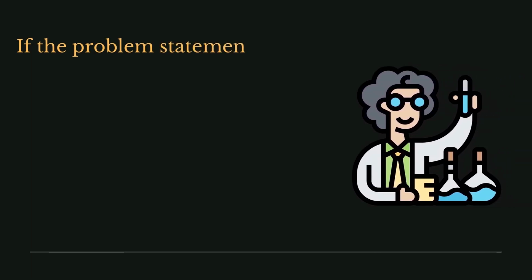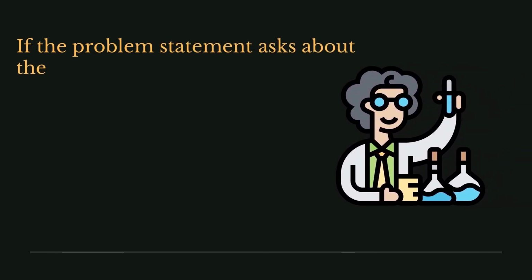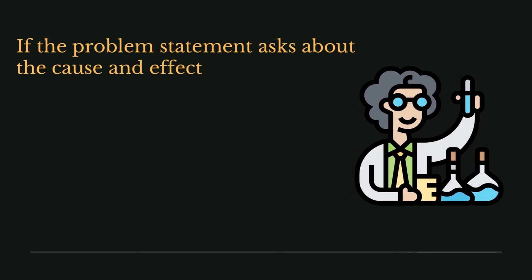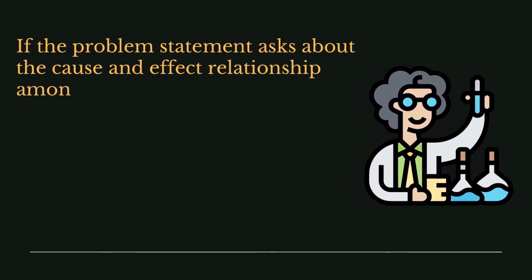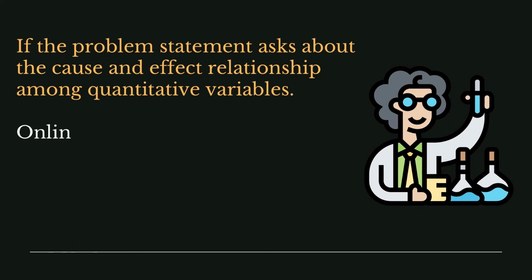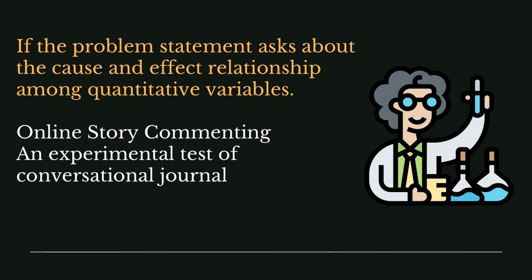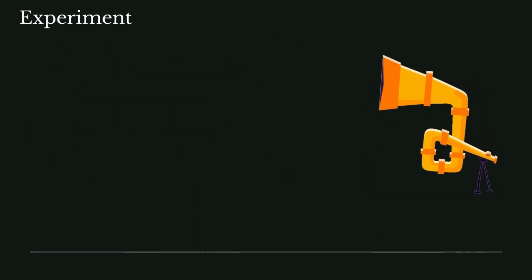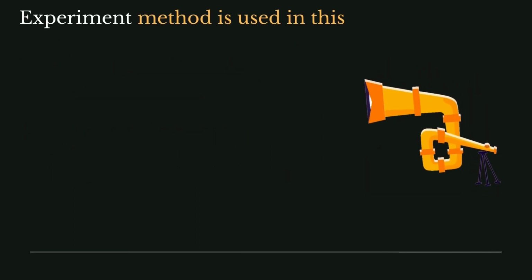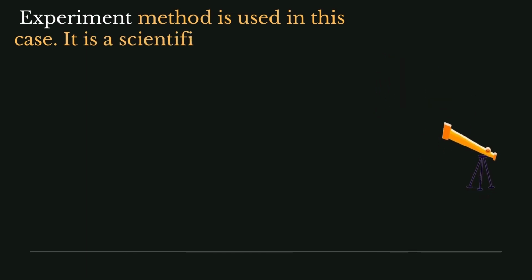If the problem statement asks about the cause and effect relationship between quantitative variables, not just correlation but causation. For example, it could be about online story commenting and the relation between conversational journalism and trust, whether there is a cause and effect relationship. The experiment method is used in this case.